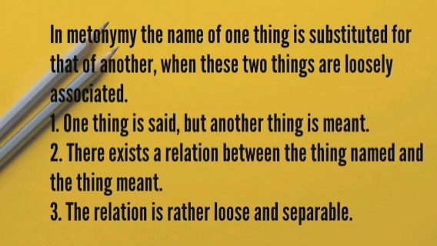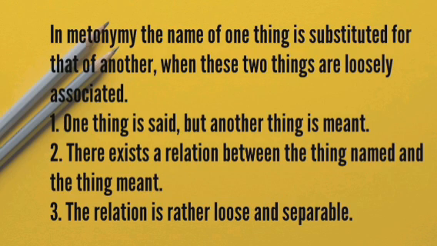Okay, but the most important thing for metonymy here is to find out the varieties of metonymy. There are somewhat 6 varieties, but those 6 varieties can be divided and put into somewhat 9 varieties.